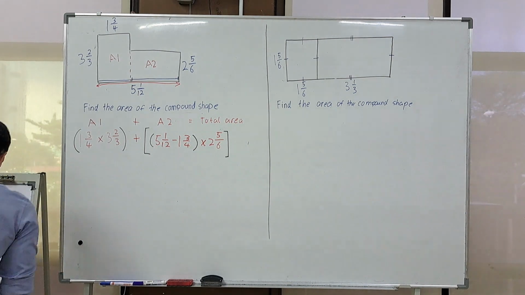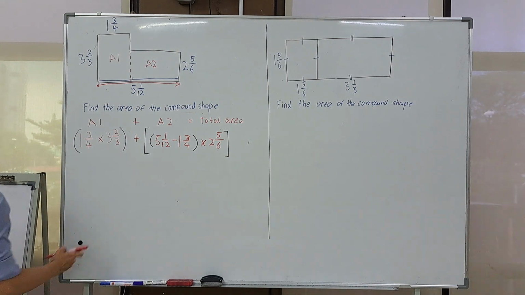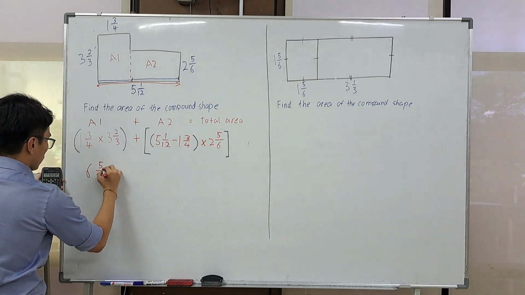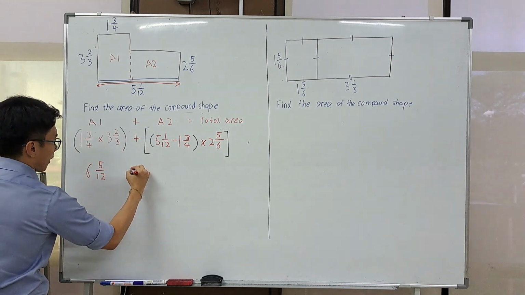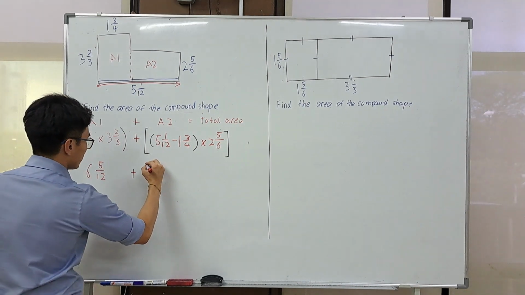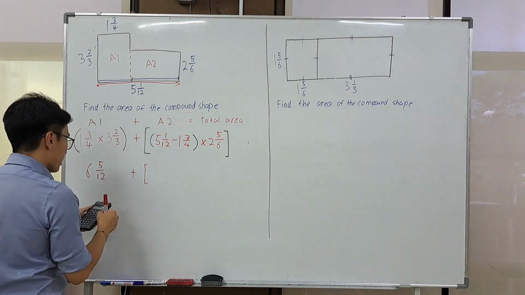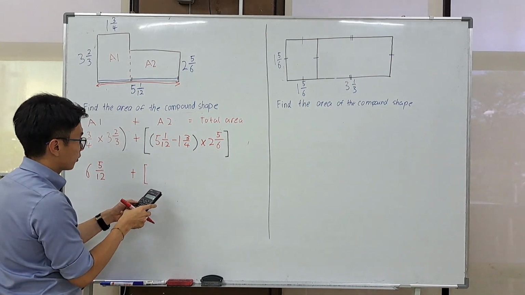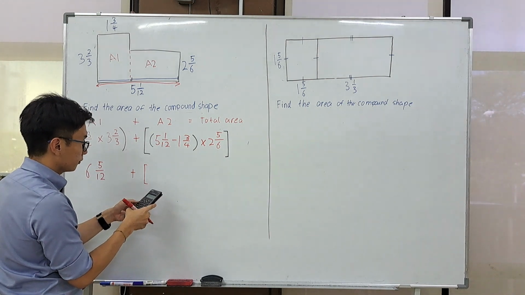At my calculator, I'm just gonna type this in very quick. Okay, so based on my calculation, I have 5/12. And I'm gonna add with the base first. Gonna get my base first. So let me just press this in my calculator really fast.